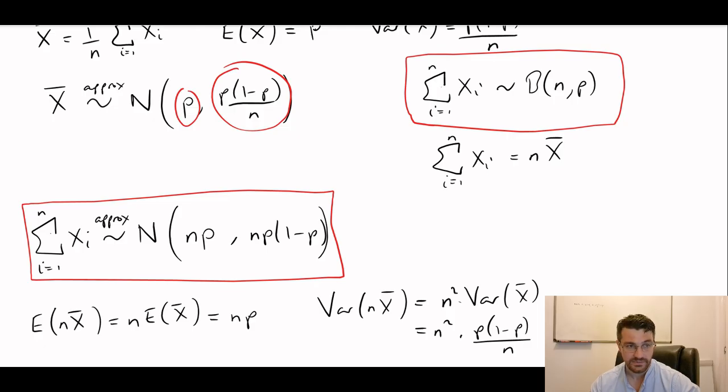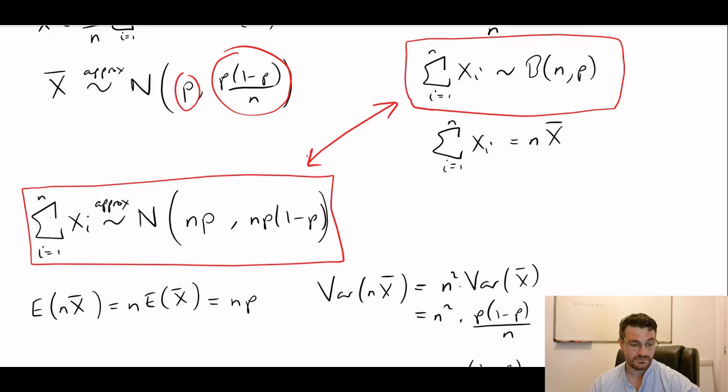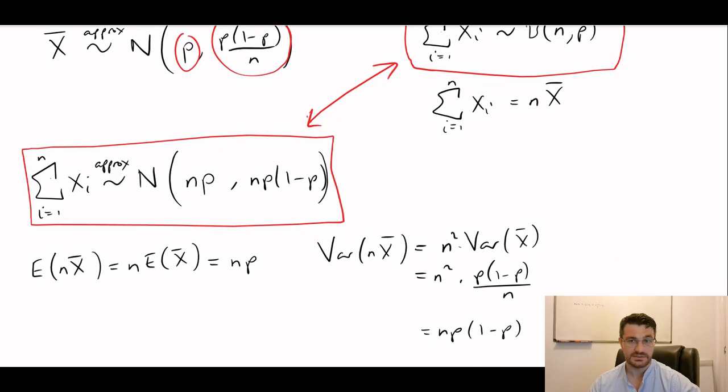So n and p for the binomial, np times (1 minus p) for the approximate normal distribution. And hence, this particular normal distribution can be used, for sufficiently large n, to approximate the probabilities of the binomial distribution. Okay, so that gives us a much more objective justification.